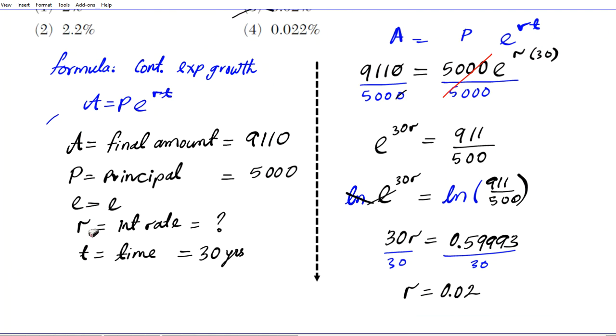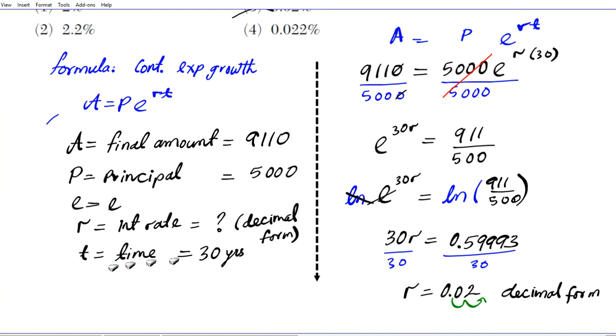Remember, the interest rate R in this format is given in decimal form. So we need to change it from decimal form to percent. So how do you change from decimal to percent? You move the decimal point to the right 2 places, okay? So we're just going to move it 1, 2. So R is 0.02 in decimal form.